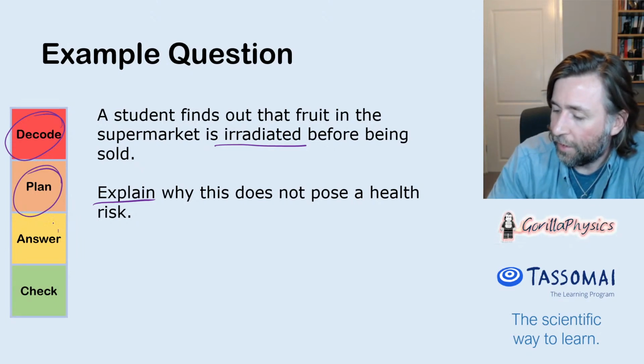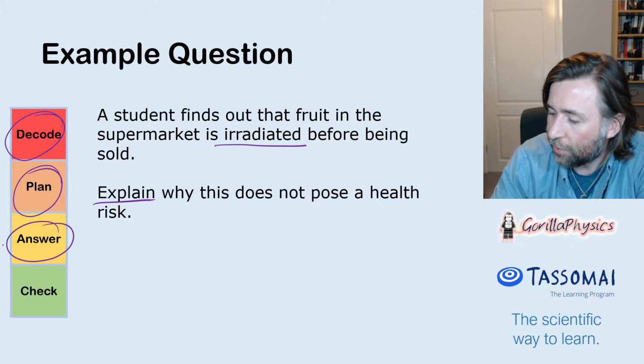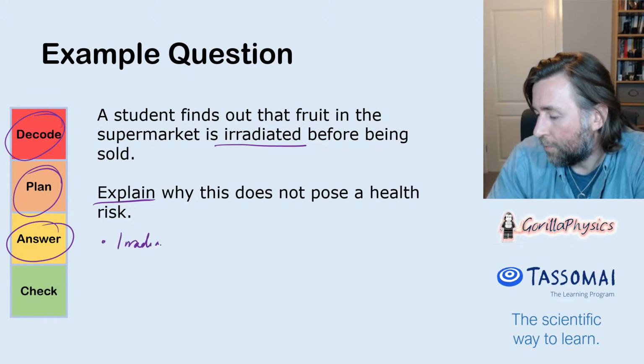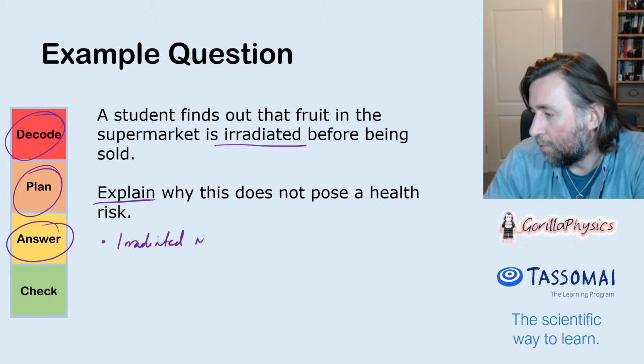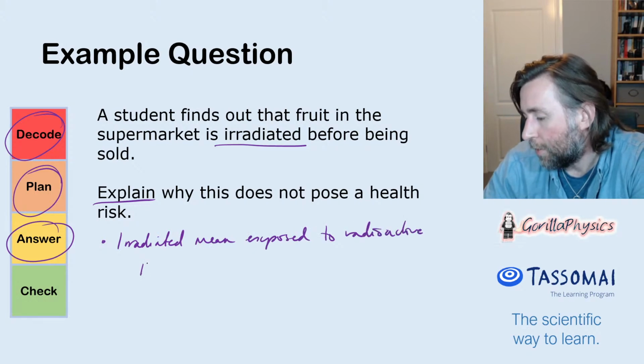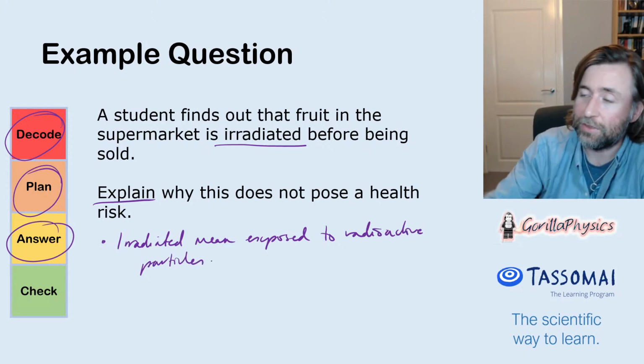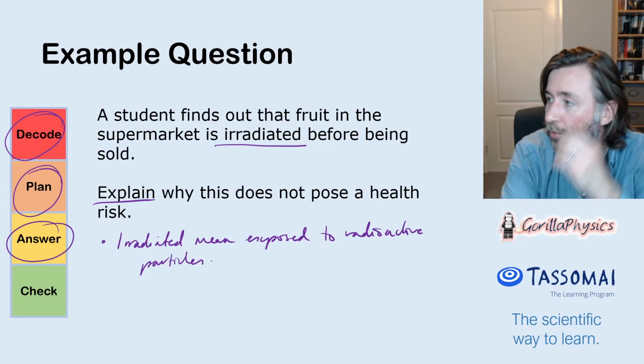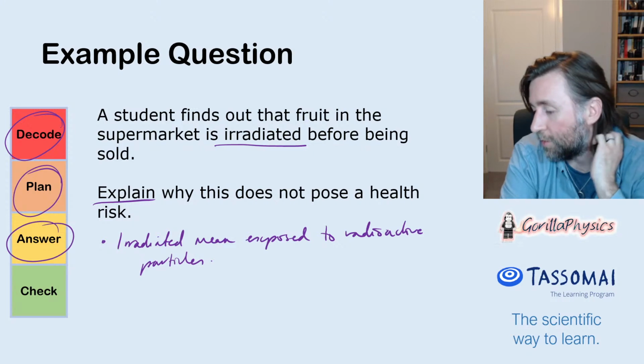So let's answer this. So first of all, irradiated means exposed to radioactive particles. That's essentially just the definition of irradiation. So now all we need to do is just apply it to our situation here.